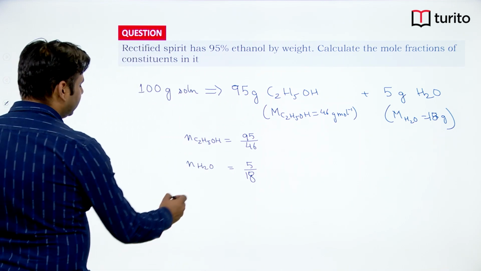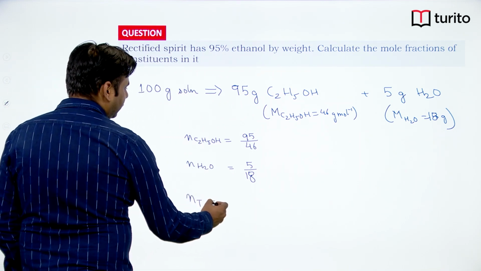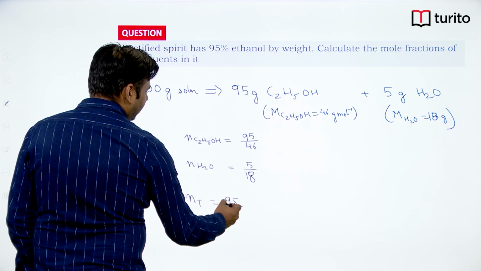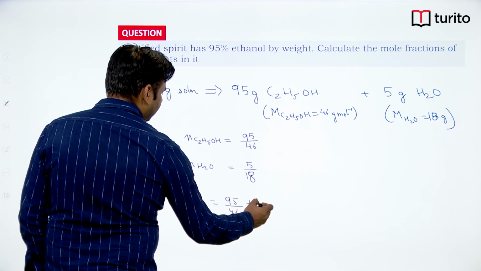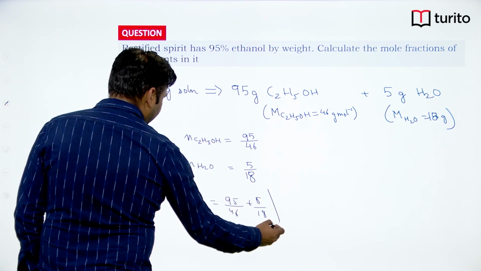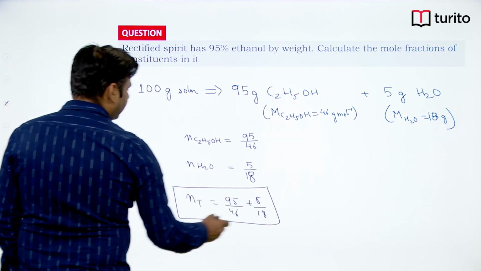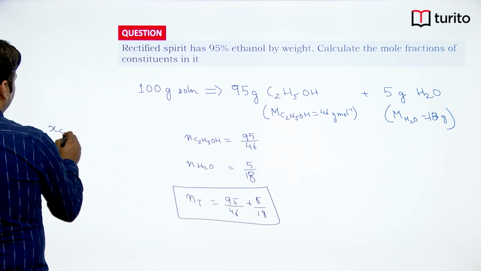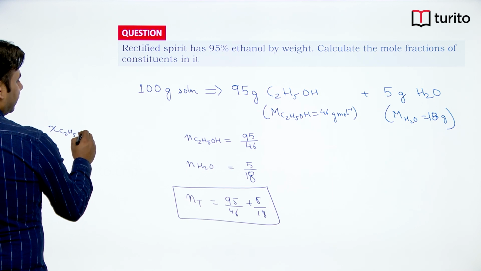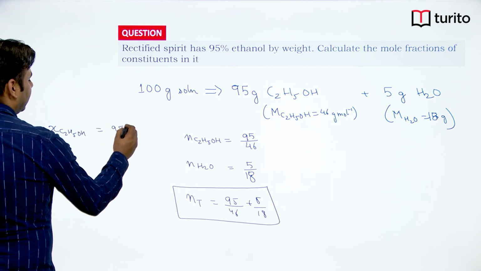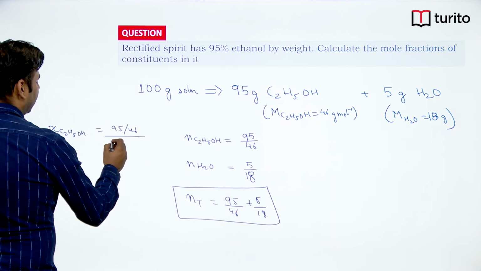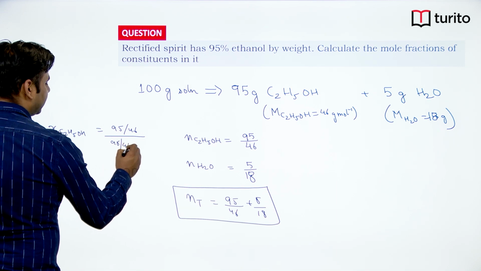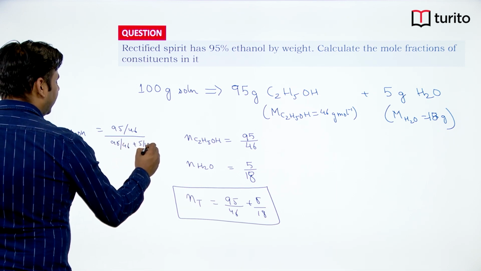So the total moles in this case would be 95 by 46 plus 5 by 18. So you can calculate the total moles. The mole fraction of ethanol would be 95 by 46 divided by 95 by 46 plus 5 by 18.